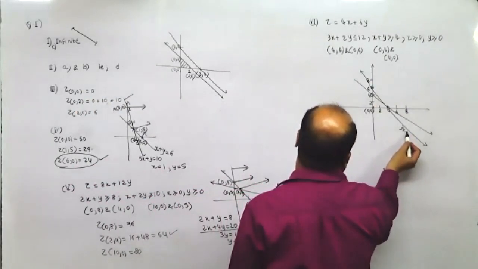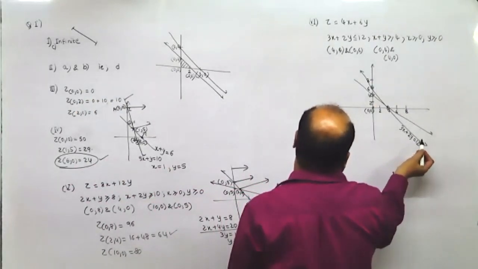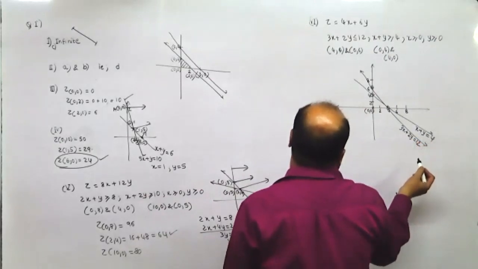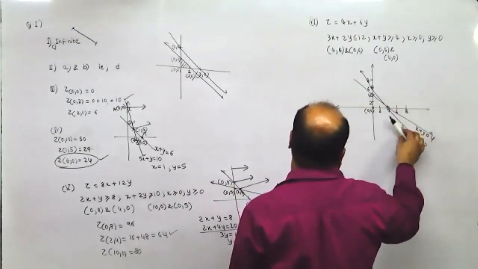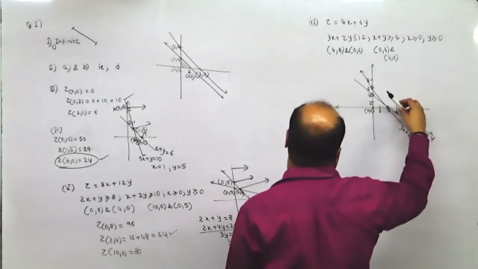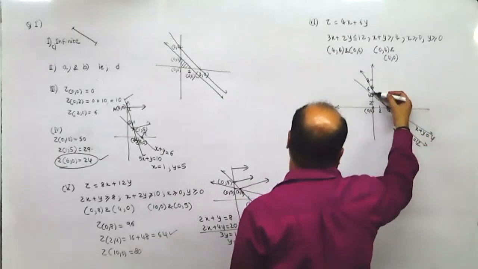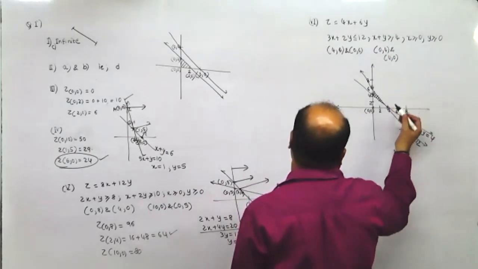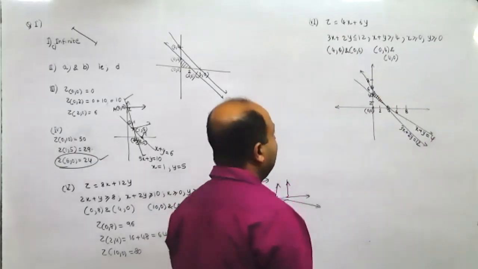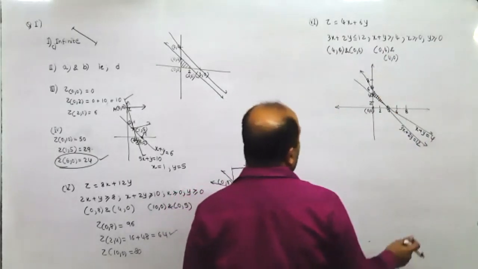That is 3x plus 2y equal to 12. And this is x plus y equal to 4. So greater than this and less than this, so it is this region. Greater than this and less than this, so it is this region. It is in the first quadrant itself.